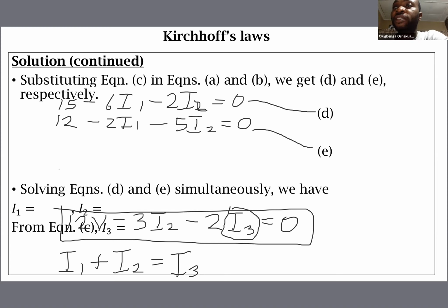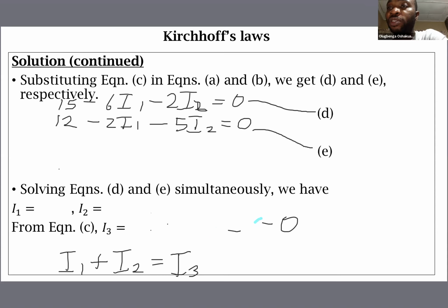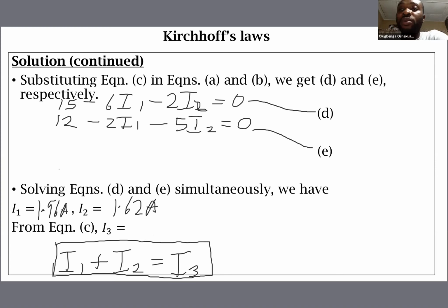So when we solve equations D and E simultaneously, we obtain I2 to be 1.62 ampere, and I1 to be 1.96 ampere.